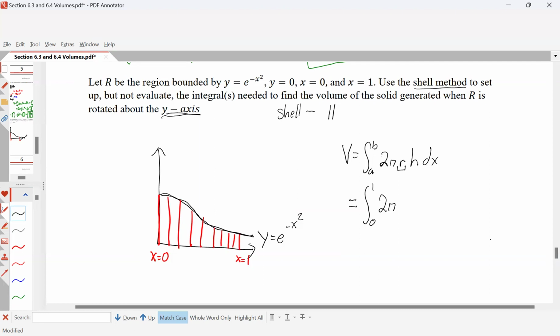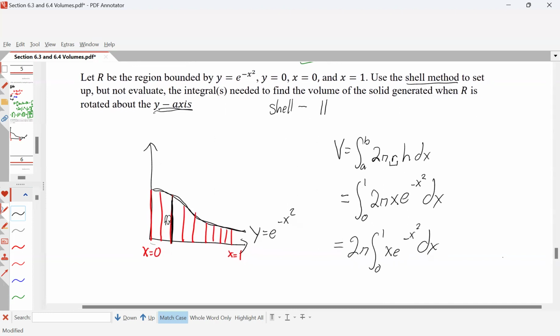So if the axis is the x-axis or the y-axis, r stays the same. It'll be that x. And then h is represented by the height of our function. In this case, from the x-axis up to the function is just the value of the function, which is e to the negative x squared dx. So this integral is 2 pi integral 0 to 1 x e to the negative x squared dx.